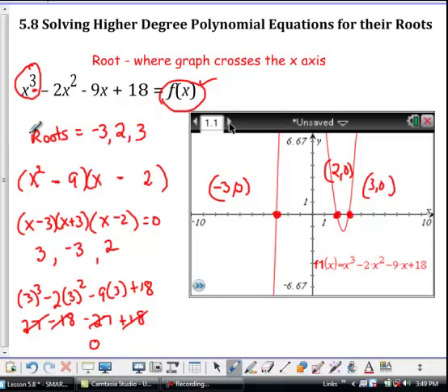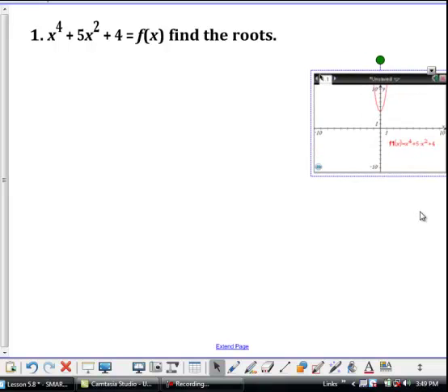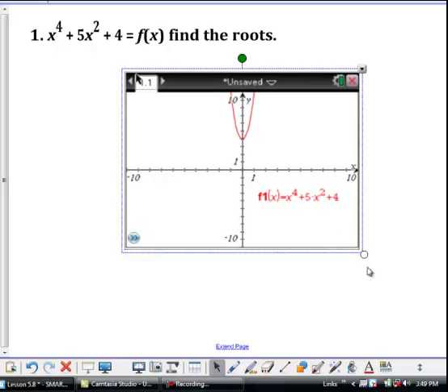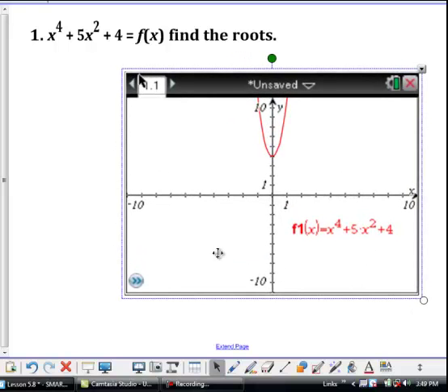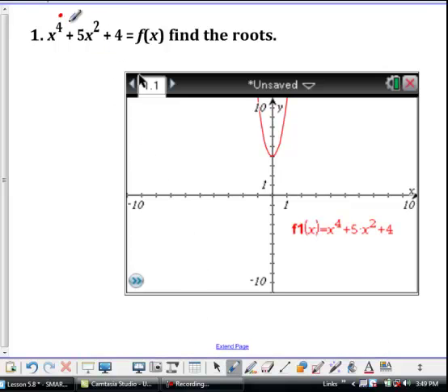Okay, let's go to the next one. Find the roots of this equation. I highly encourage you to take out your calculator and graph this. And when you graph it, you get this picture right here. First off, let's do a little knowledge. This is to the 4th power. And we know anything that's raised to an even power as its highest degree, both of its ends are going to be up or both down.